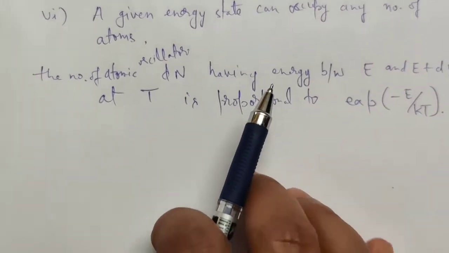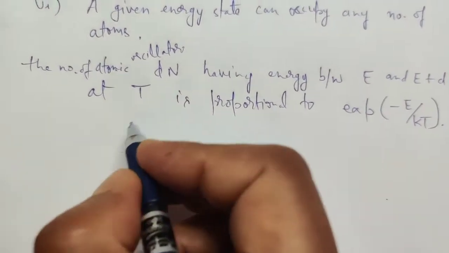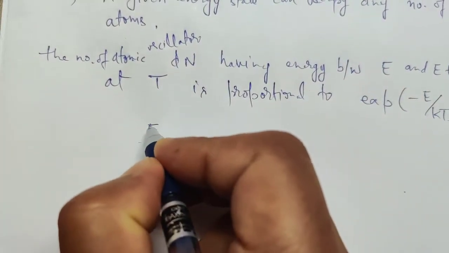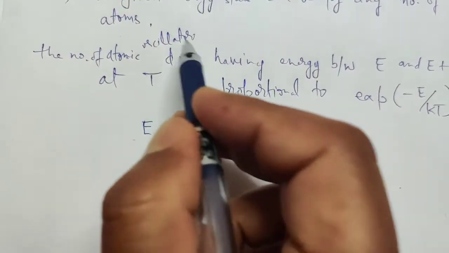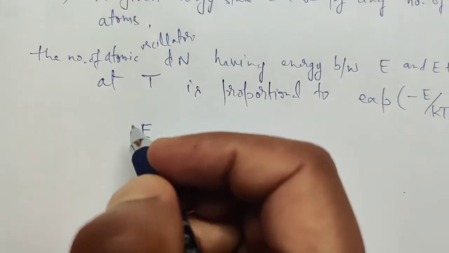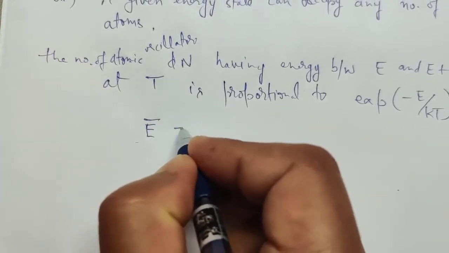So hence from here we can calculate the average energy. The average energy of such oscillators is given by the Maxwell-Boltzmann distribution law.